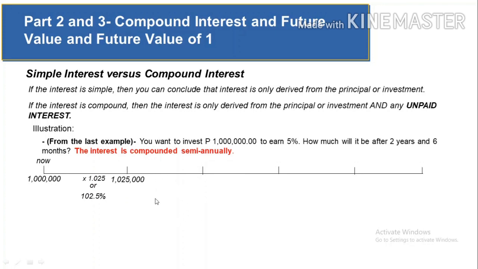So in the succeeding years, it will follow the same pattern. The 1,025,000 will be multiplied by 1.025 and it will become 1,050,625.